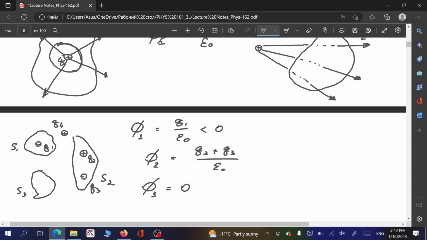Eventually, if we consider very small surface elements, we end up with an integral over the surface of the electric field vector dot product dA vector, where dA vector is the small area times the unit normal vector of this small area segment. So that is the general definition of electric field flux.